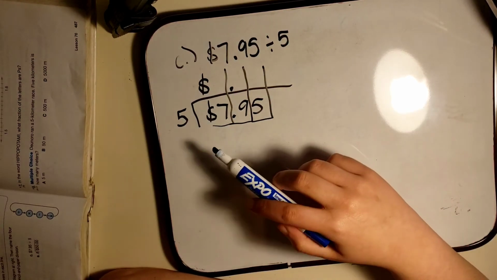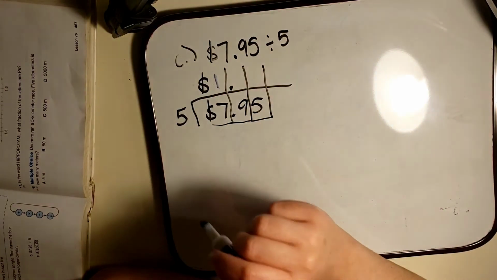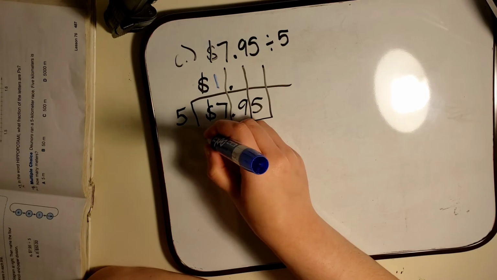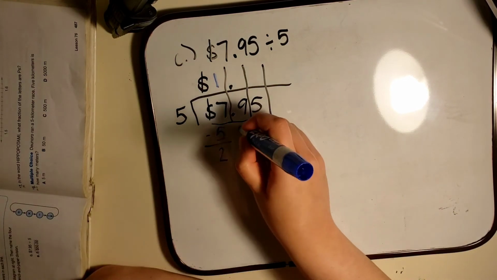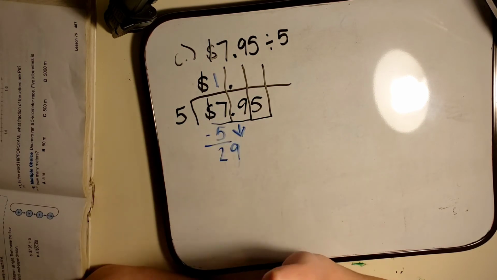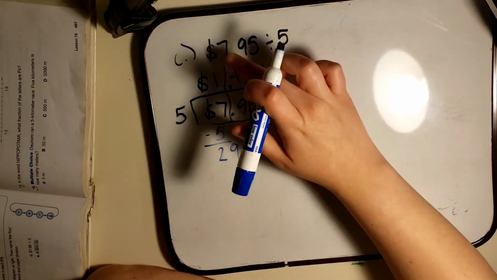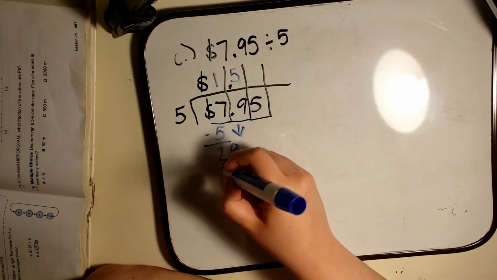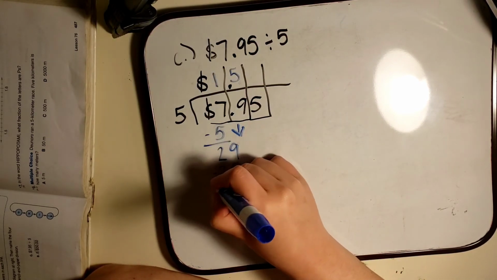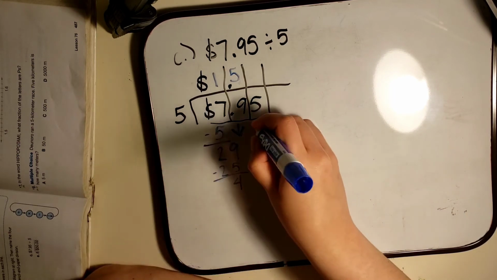I'm just doing it for those of you who are struggling to keep your numbers organized up at the top. So 5 goes into 7 one time. 5 times 1 is 5. 5 subtracted from 7 is 2. Bring down that 9. 5 goes into 29 5 times, because 5 times 5 is 25. Subtracting 25 from 29, you get 4.